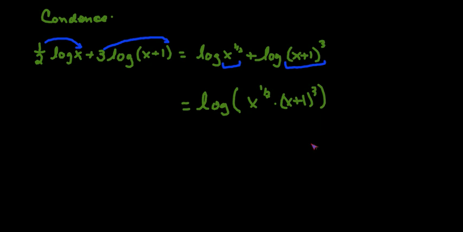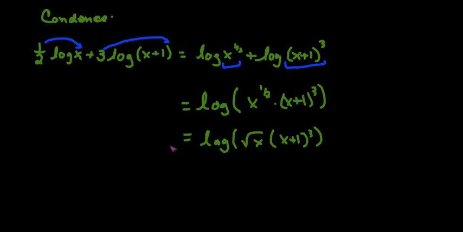Now, the only other simplification I can do here is x to the 1/2 is the same as square root of x. So I can write this as log of square root of x times x plus 1 to the 3rd power. And for the time being, we didn't really accomplish much more other than follow the directions and condense into a single solution, or one single logarithm instead of separate logarithms.